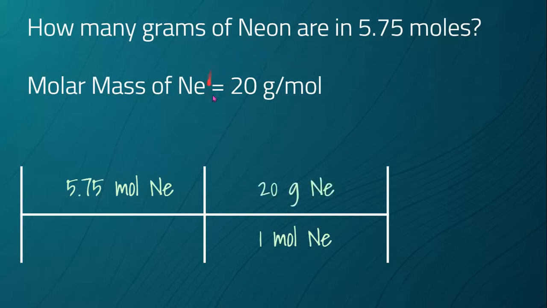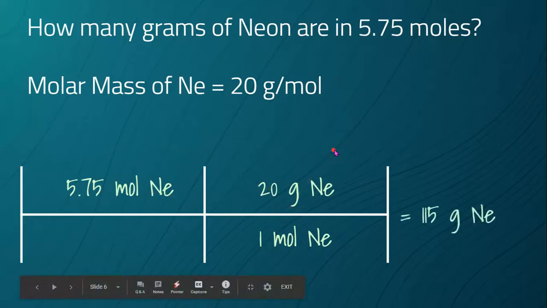So this molar mass that I found on the periodic table can be written as a conversion factor that looks like this. Since the moles cancel out, I am left with grams of neon, which is what the problem is asking me for. So I just plug this into my calculator. 5.75 times 20 divided by 1 would get me an answer of 115 grams of neon.